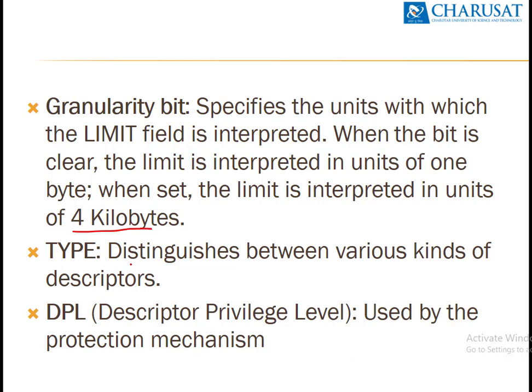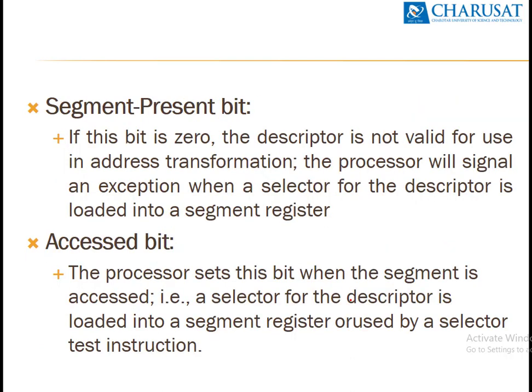Type will distinguish between various kinds of descriptors. As I told you, there are various types of descriptors, but broadly categorized under two: application descriptor and system program descriptor. But again, in the system program descriptor, there are various types available. That's out of scope. We are not going to discuss it over here. DPL is the privilege level. What kind of privilege level does the process or descriptor have? It is used by the protection mechanism.